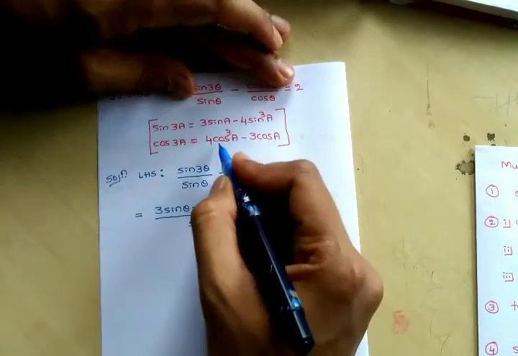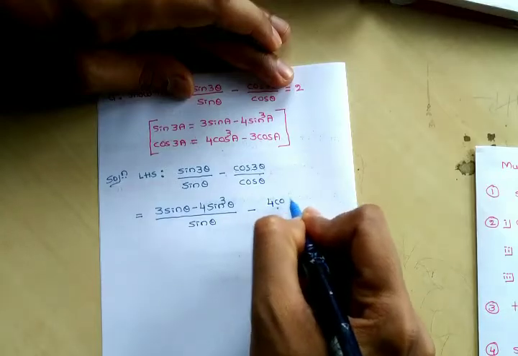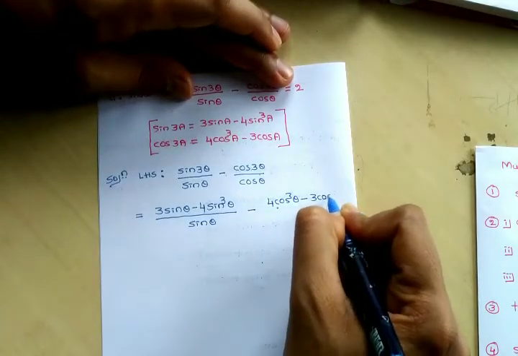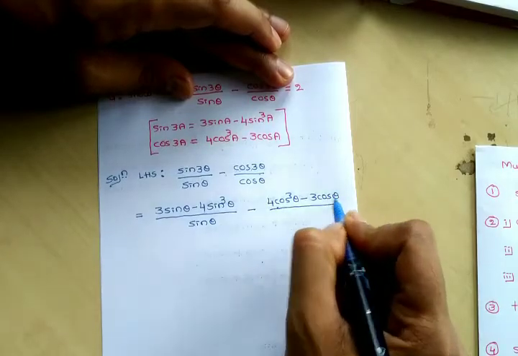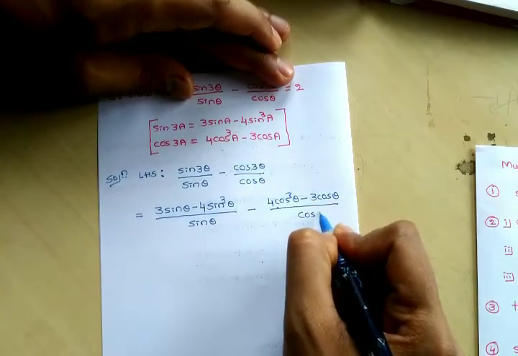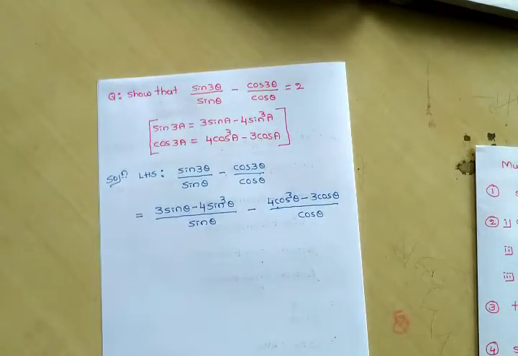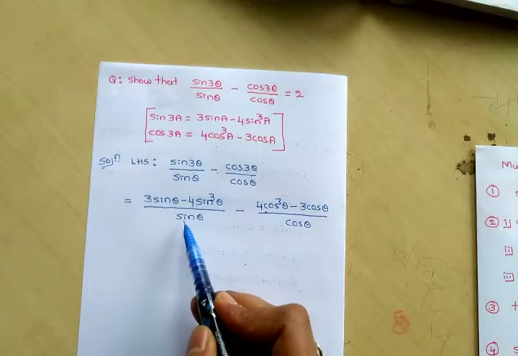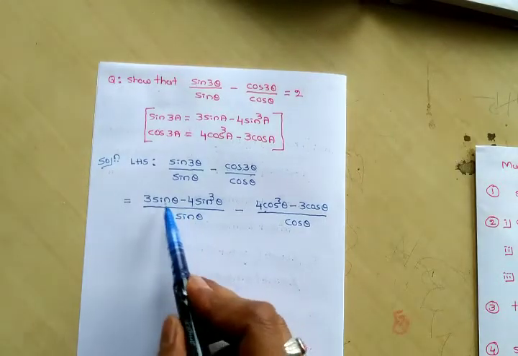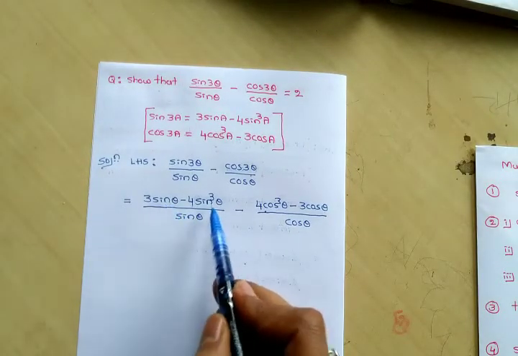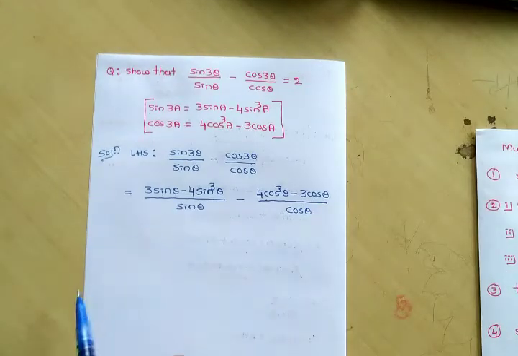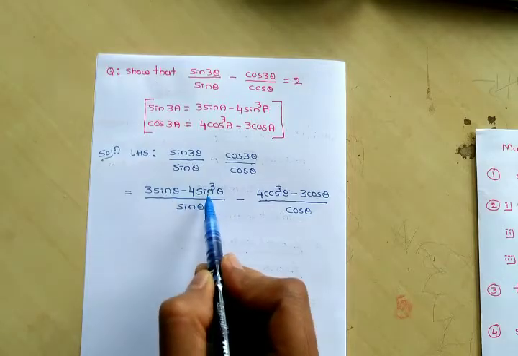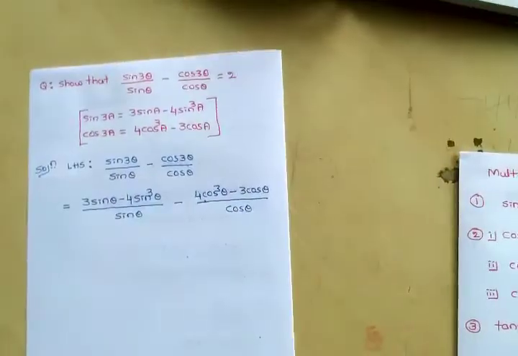Cos 3 theta is 4 times cos cube theta minus 3 cos theta, divided by the denominator cos theta. Yes. Next, to cancel the denominator sin theta, directly it is not possible to cancel these two, correct? That's why in this numerator, here also sin theta.